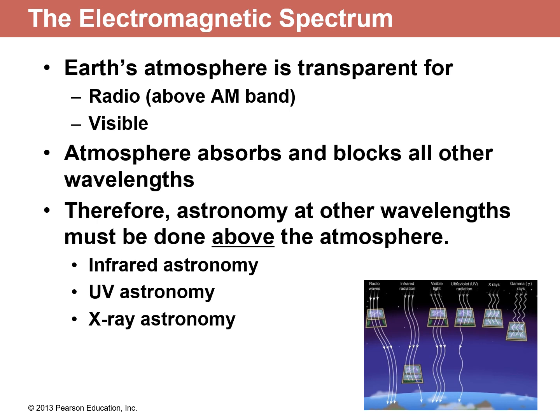In the radio, and that's above the AM radio band, but for all practical purposes, it's in the radio band and in the visible. Those are the only two wavelength bands that make it through our atmosphere, because our atmosphere absorbs all the other wavelengths and blocks them.